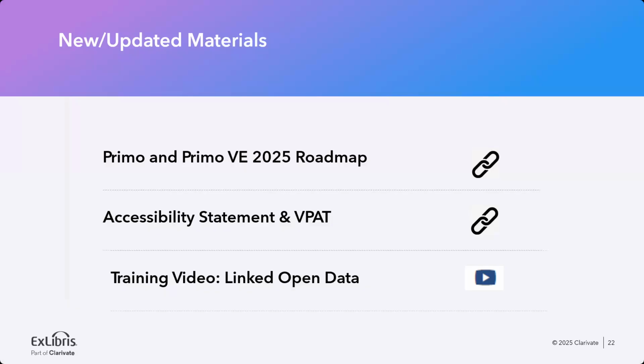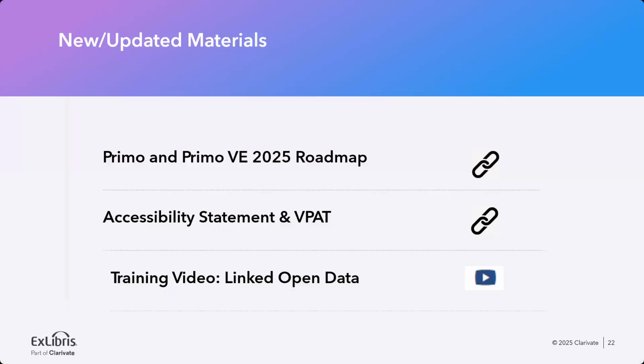The second item is the accessibility statement and VPAT that Nili mentioned, which was published recently. And the last one is a training video on linked open data. From time to time, you can see that we are publishing more and more training videos. Those are very easy and nice videos that you can watch to gain knowledge about some features.